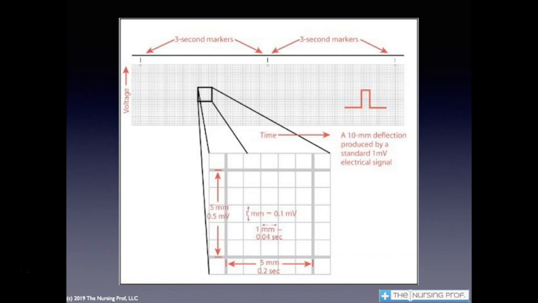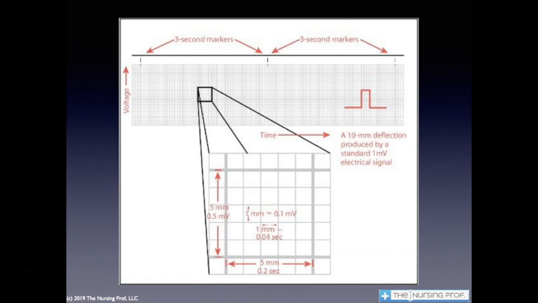So it's not just randomly shooting those complexes across. It's putting them across at a regular rate so that we can see how many complexes occur per second. And in fact, on paper, you'll notice these little marks at the top. Those are 3-second markers. There are little black vertical lines on the paper, and those are called the 3-second markers.